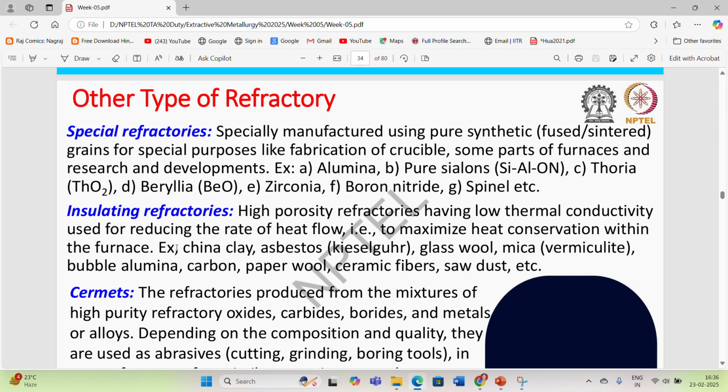Then these refractories can be further divided. There are some special refractory materials, especially manufactured using pure synthetic grains for special purposes like fabrication of crucibles, some parts of furnaces, and research and development, made up of thoria.